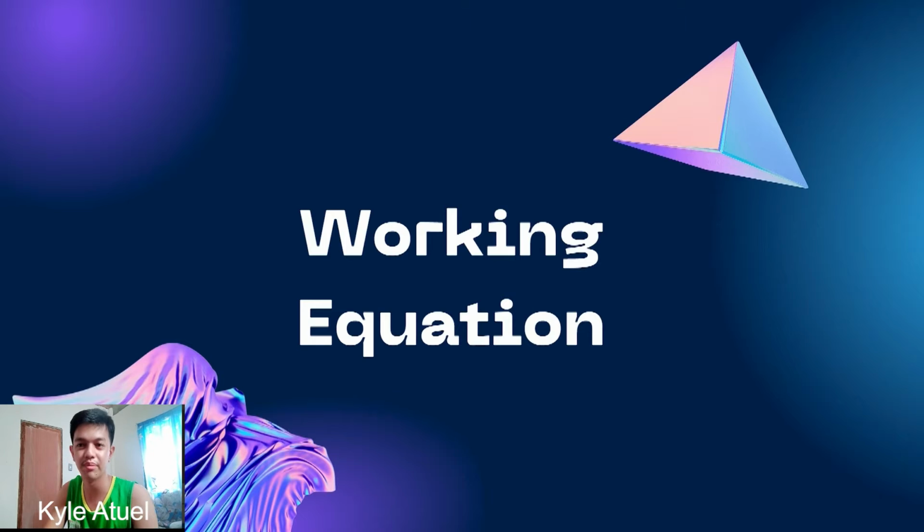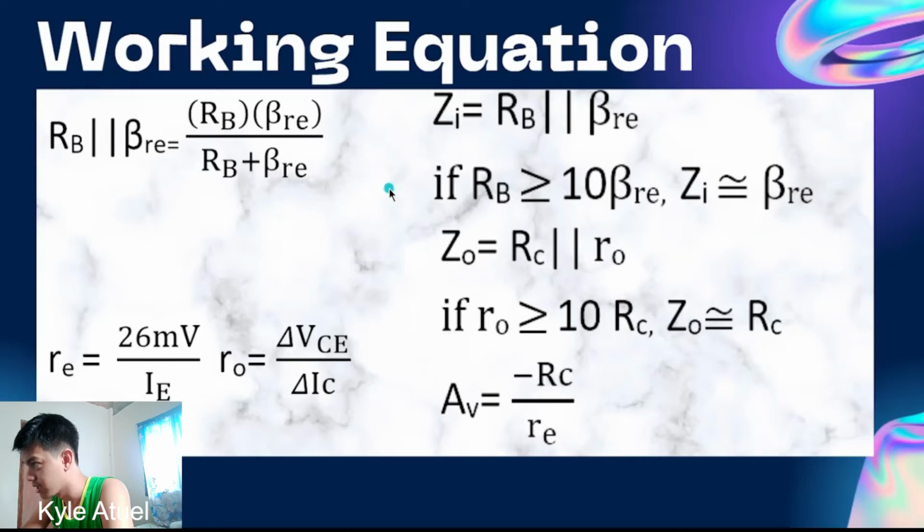Hi guys, my name is Kayle B. Atuel from CPE2A, and I'm going to present to you the working equations of the re model. So let's get started. First is the parallel formula of RB and beta RE.